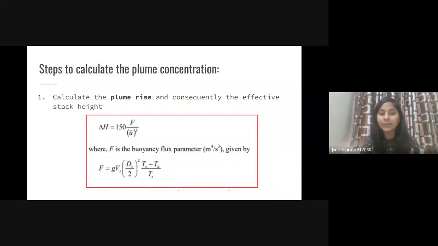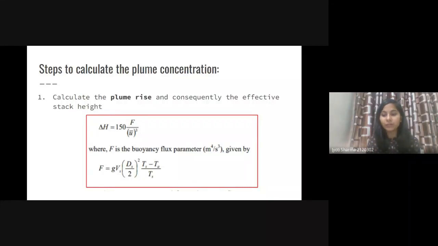Firstly, you have to calculate the plume rise. There are various formulas to calculate this plume rise, and one of the famous ones is delta H. This delta H is the plume rise. This will be equal to 150 multiplied by F upon the cube of the mean velocity.